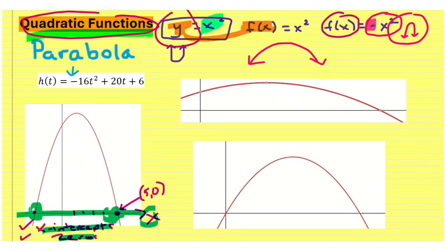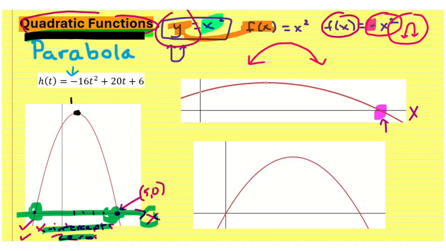And this goes for all of these. Right there where it's crossing what would be the x-axis, that will be considered a zero or an x-intercept. Okay, so we also have in our quadratics, when we graph them, what I call the tippy top of that parabola.